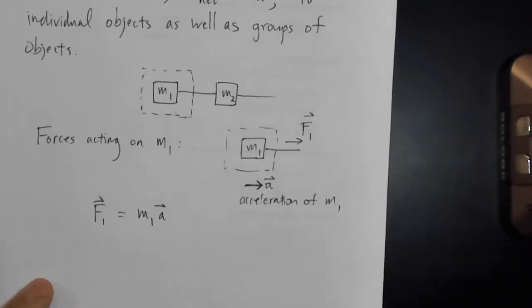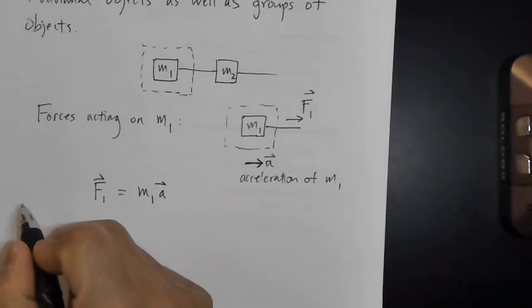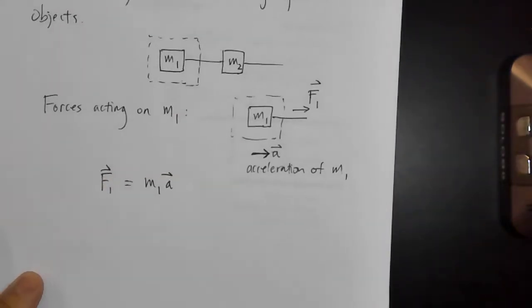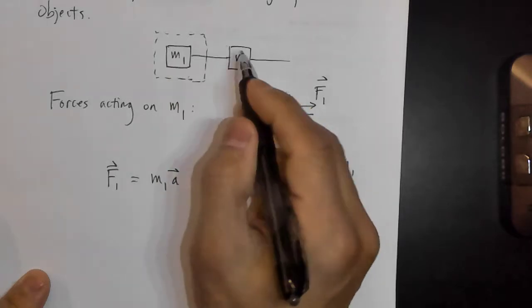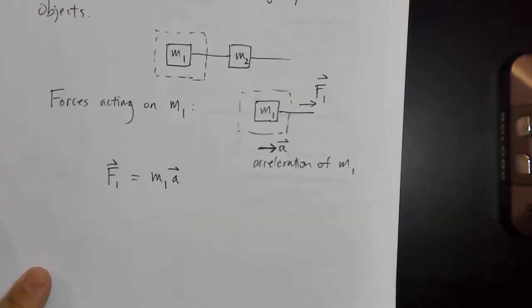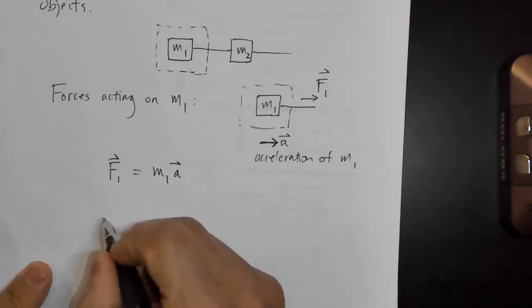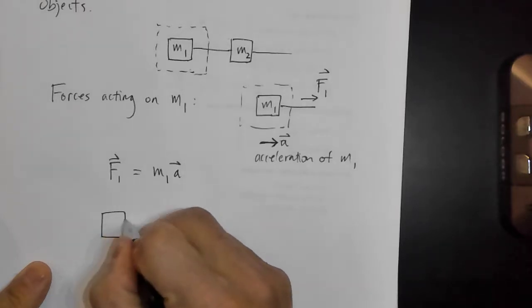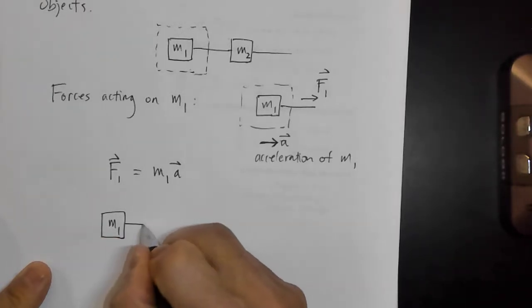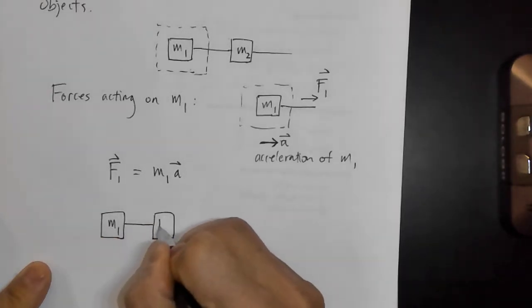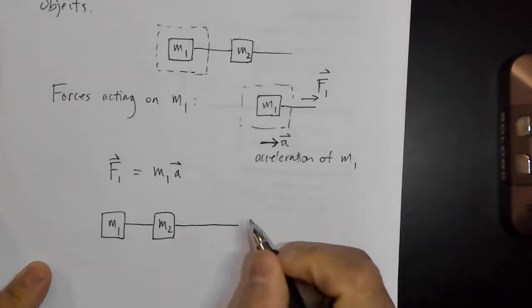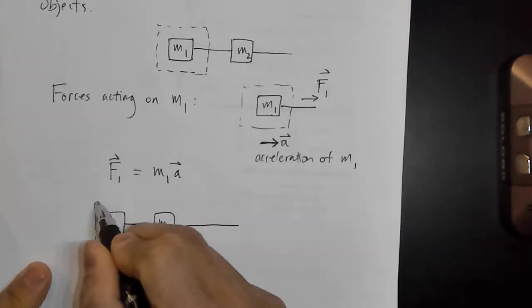All right. Now, that would be if I was analyzing M1, but we can also do something a little bit more clever or complicated, whatever you want to consider. We could also consider M1 and M2 together as an object, and consider both together.